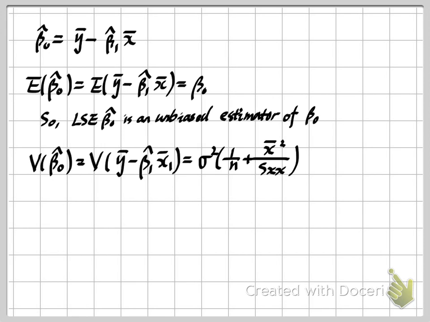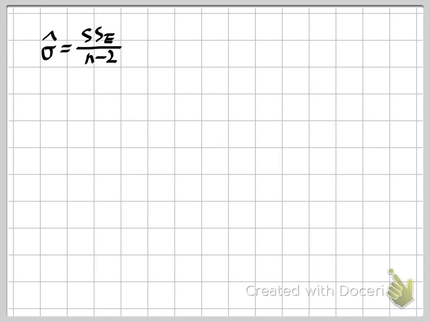In our last video, we also gave an estimator for sigma. Here the estimator is sigma square hat, equal to SSE divided by n minus 2.